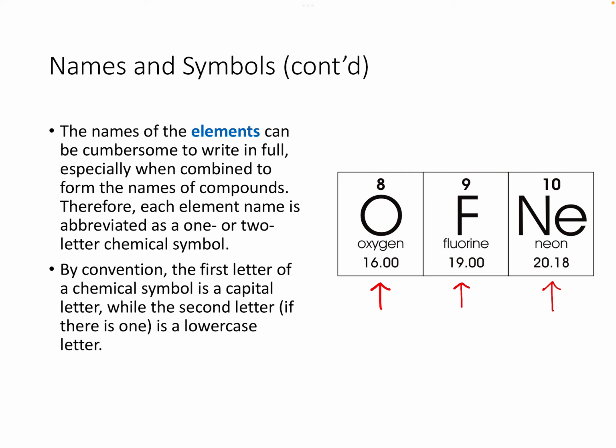If an element has two letters in its symbol, the first one is capitalized, the second one is lowercase. Some elements have two letters so that we don't get different elements confused. For example, nitrogen has the symbol N. So if neon was also given the symbol N, that would get confusing. So neon was given that second letter to differentiate it from nitrogen.